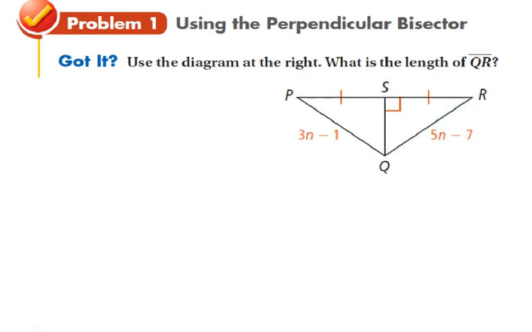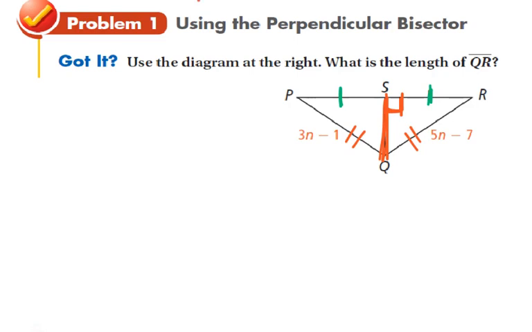And what we have to do is look at the diagram itself. Notice that it has a perpendicular bisector. We know it's perpendicular because it creates the 90-degree angle. We know it's a bisector because it creates 2 congruent line segments. And when both of those things happen, then we can conclude that these 2 are also congruent.